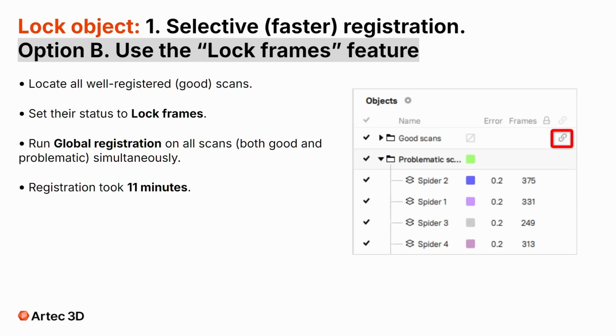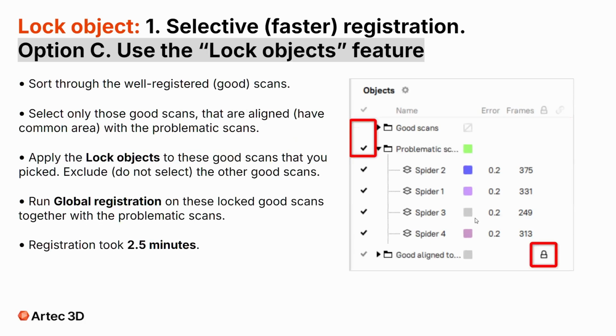But finally, we have option C, which is the most surgical and efficient approach, using the lock objects feature. Instead of involving the entire project, you just sort through your well-registered scans and identify only those that share a common area with your problematic data.